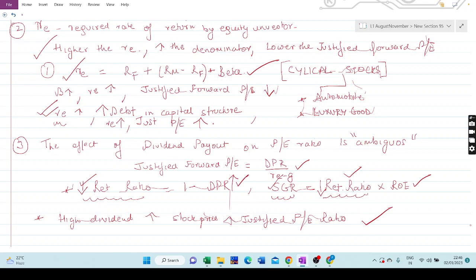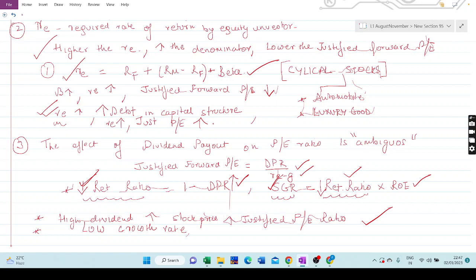But a high dividend payout ratio reduces your retention ratio, which reduces your growth rate. And should a low growth rate increase or decrease the justified P/E ratio? Look at this formula: decrease.